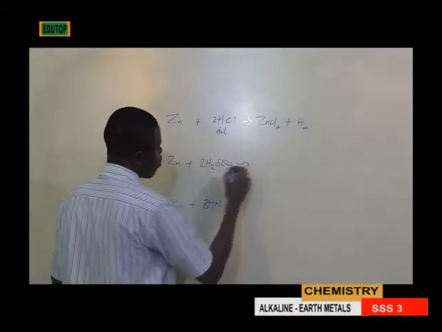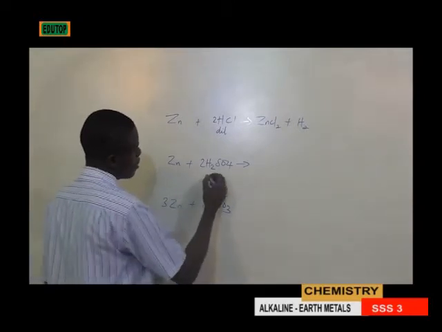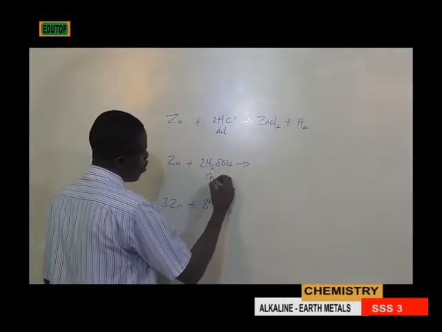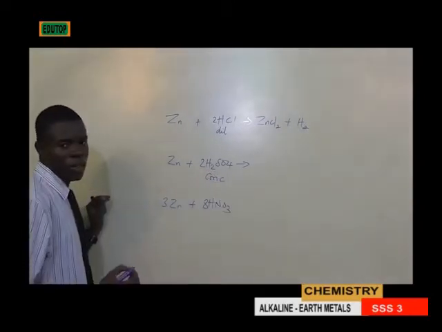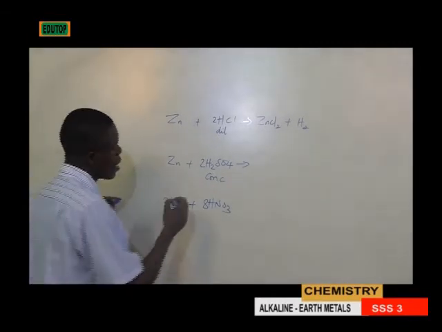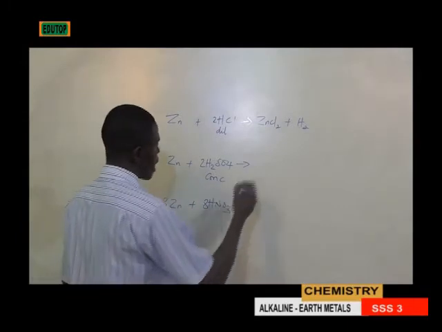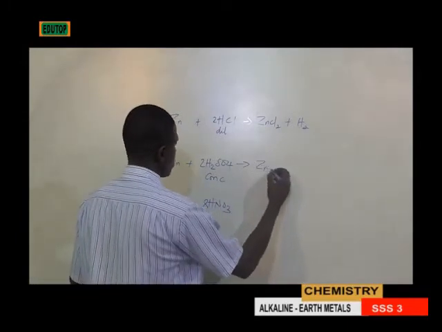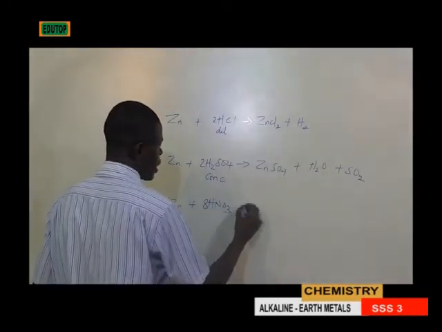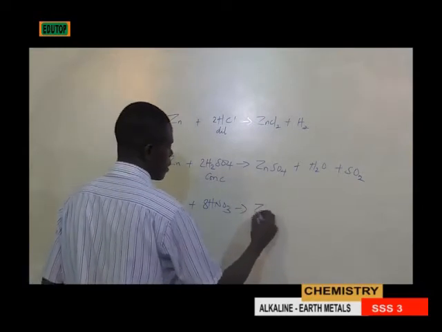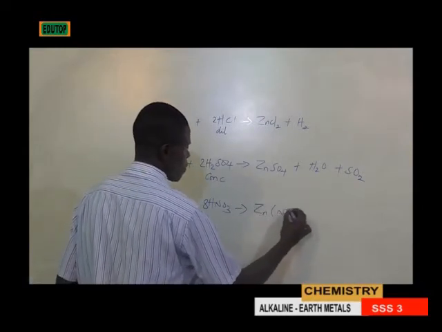While with tetraoxosulfate 6 acid, it only reacts with the concentrated acid, where it is oxidized to sulfur 4 oxide.